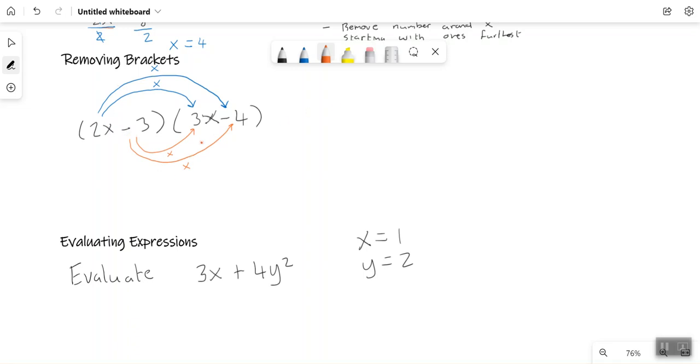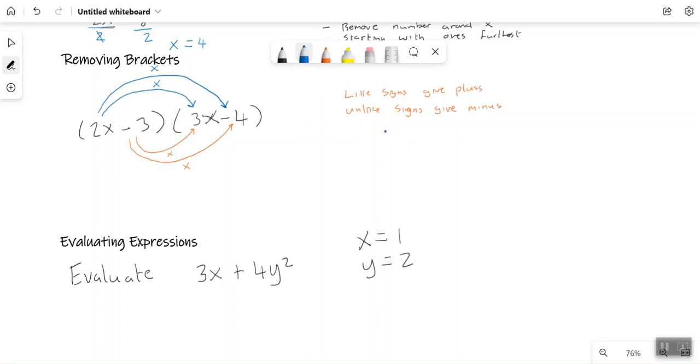Now what's important here is that you're going to be multiplying integers by each other. So you have to remember, when you multiply or divide integers, like signs give plus, and unlike signs give minus. So what does that mean? Examples of this.